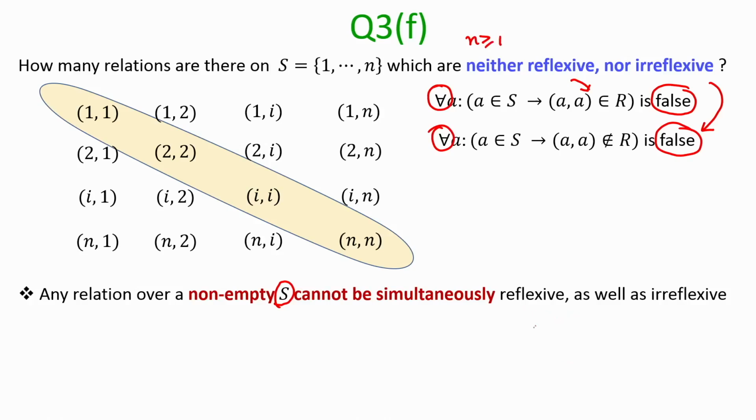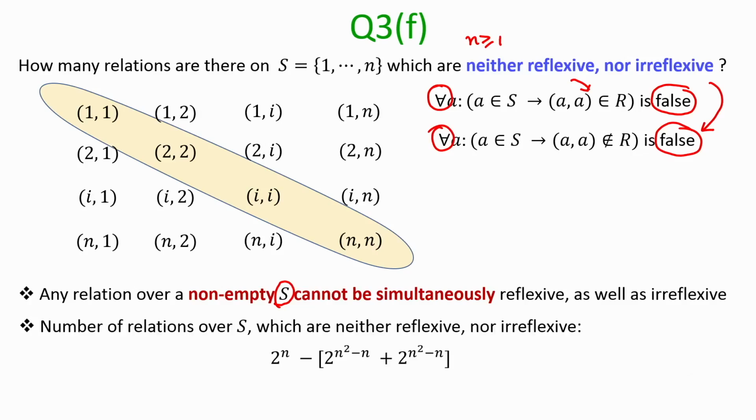It can't satisfy both the requirements, because a reflexive relation says that you should have all the elements along the diagonal present in the relation, whereas the irreflexive property demands that none of the ordered pairs along the diagonal should be present. So, you can't have both these conditions occurring simultaneously in the relation R. So, I have to exclude all the elements along the diagonal.